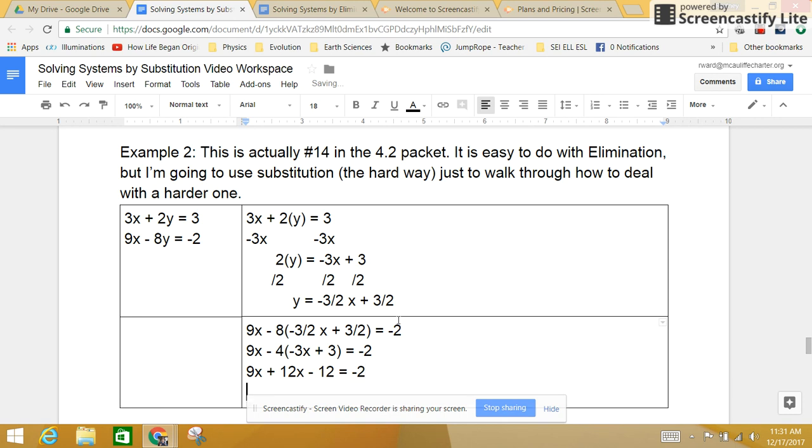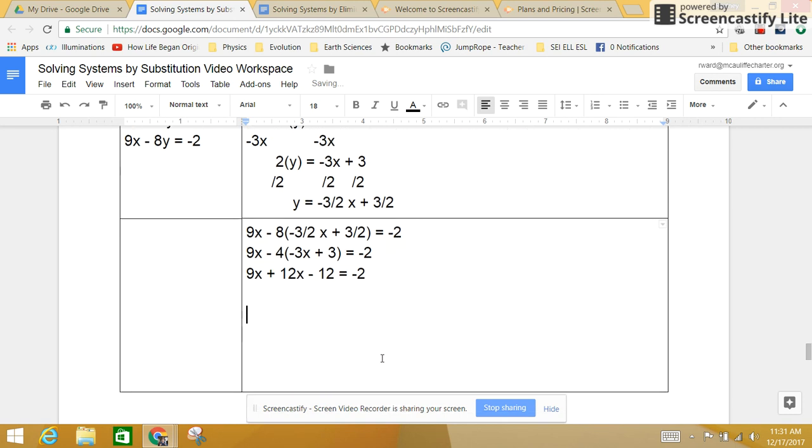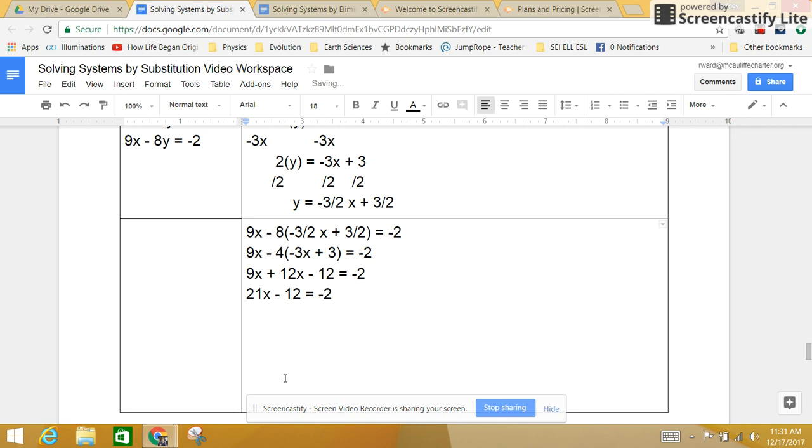It looks a whole lot neater than I thought it was going to. So let's see what we get. I've got to combine my like terms. 9x and 12x makes 21x. Put them together. Minus 12 equals -2. Now I'm going to get rid of my -12 by adding 12 to both sides.